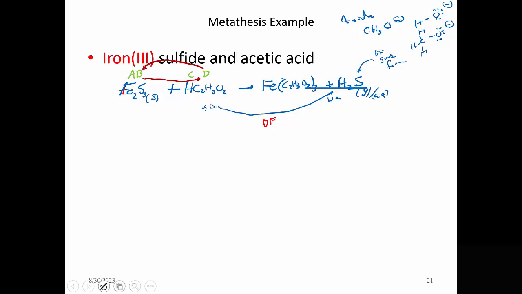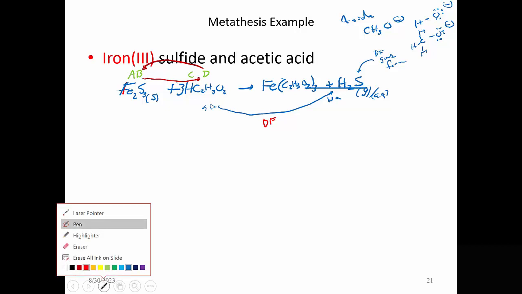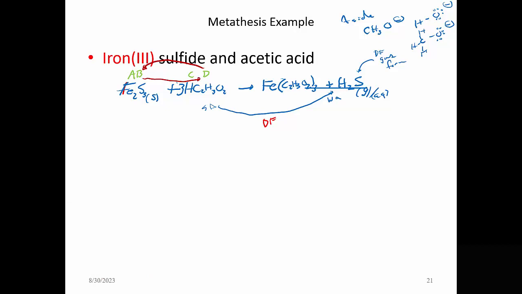What I'm going to do is balance this. To balance this, it looks like we're going to need 3 acetates over here, so I'll put 3 acetic acids here. And then we're going to need six hydrogens. Oops, this is not quite right. This is not going to be balanced. Let me undo that. I'm going to erase.